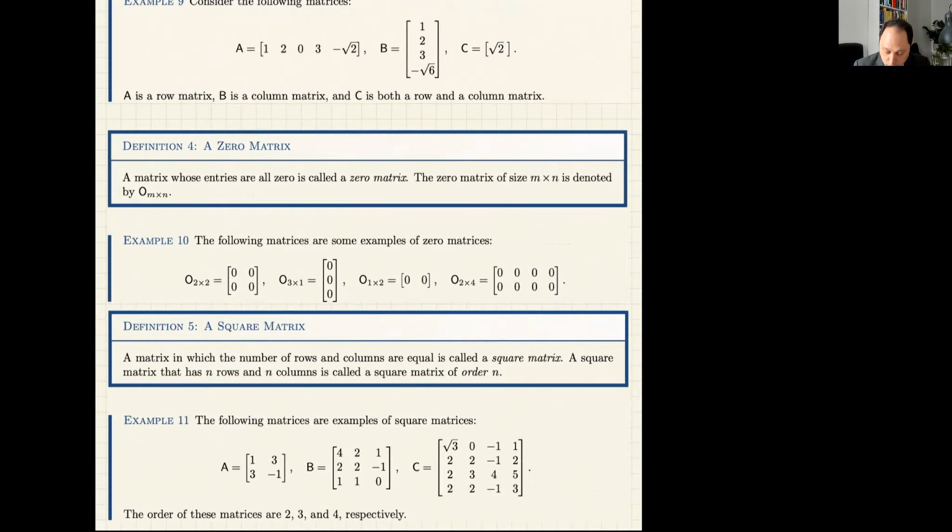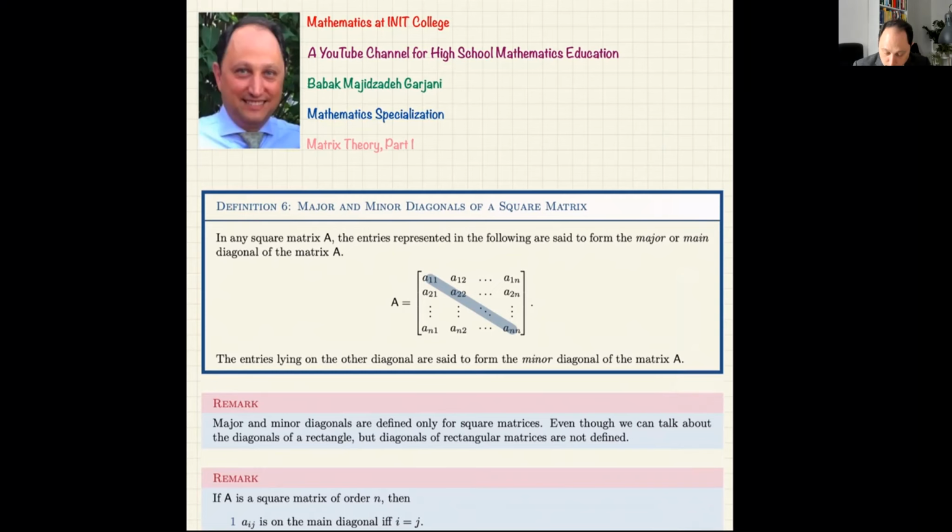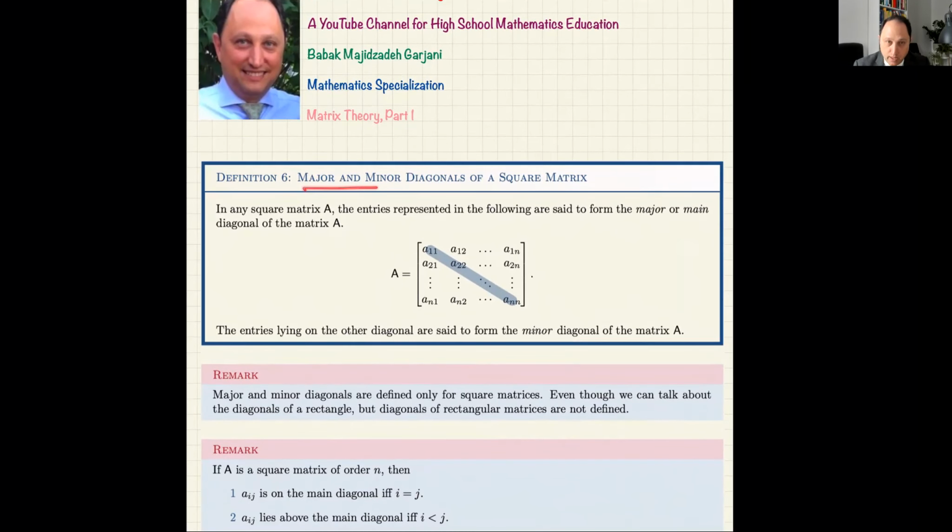For the square matrix, the first thing that I added to it were the notions of minor and major diagonals. And then I want to talk about different types of square matrices, because mainly square matrices are the very important matrices. Of course, rectangular matrices are also important, but the class of square matrices is important.